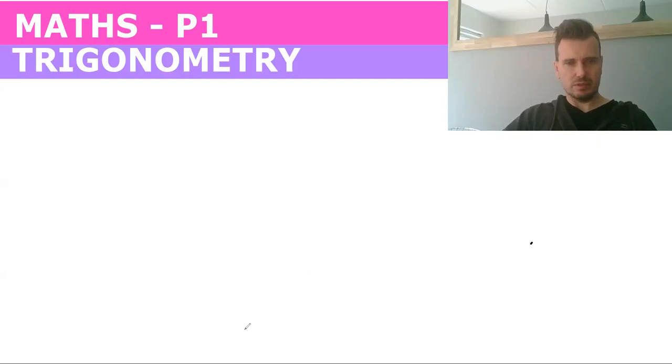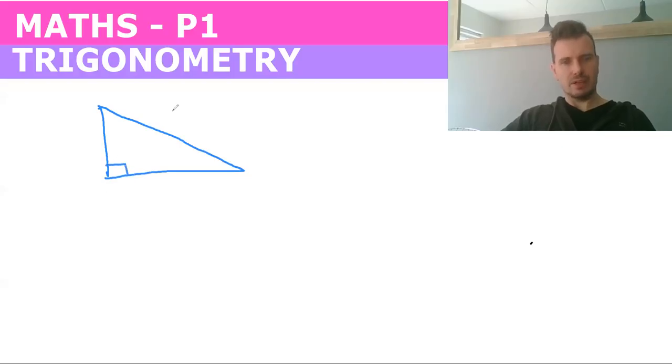Let's just get that blue. When we look at a basic right angle triangle, where we have the hypotenuse alongside, if we're talking about it in an angle theta, then the adjacent is an A and the opposite is an O. So this O and this A depend on which of these two angles you're dealing with.